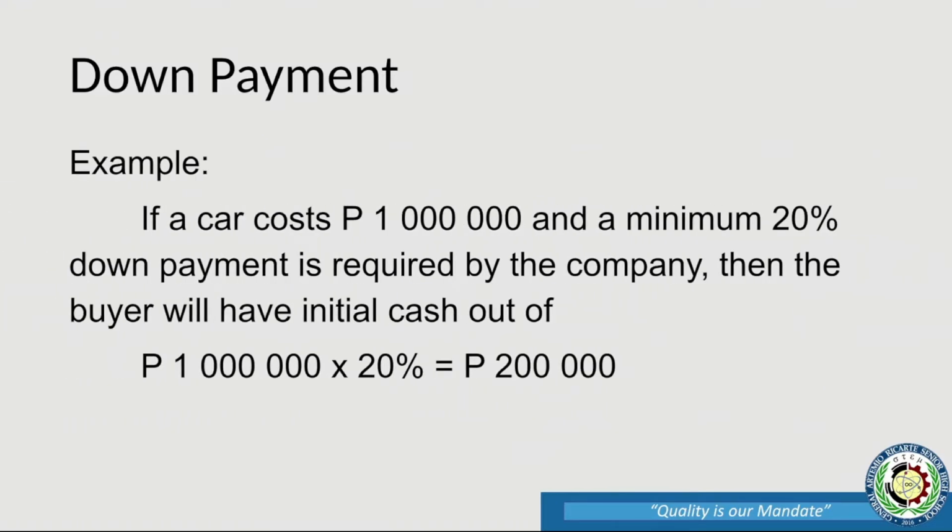If a car costs 1 million and a minimum of 20% down payment is required by the company, then the buyer will have an initial cash out of 200,000. The remaining 800,000 will be amortized monthly, and the amount of monthly amortization depends on the number of years the buyer will want to pay the loan.